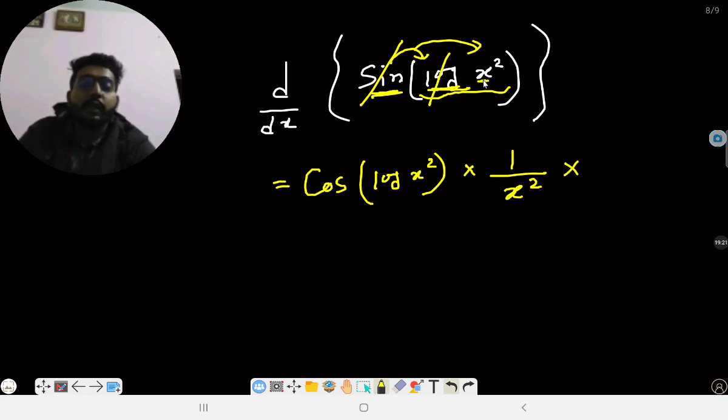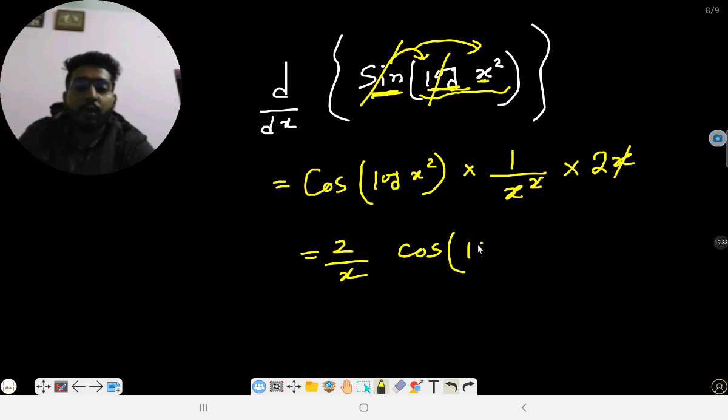Now go inside again, x square. What is the derivative of x square? That is 2x. So the x square cancels, and that will be 2 by x cos of log x square. This is the way to do the chain rule.